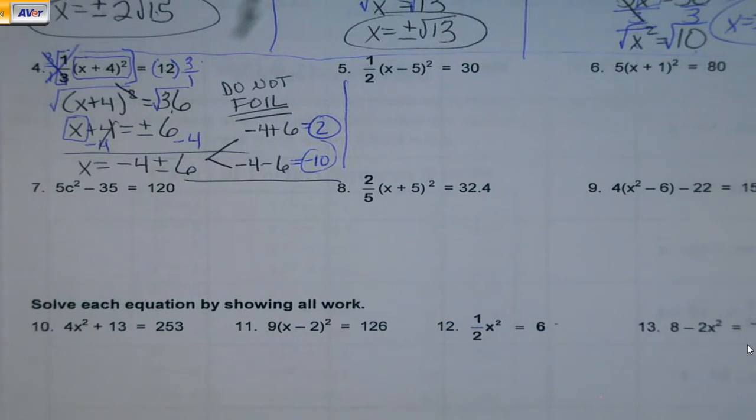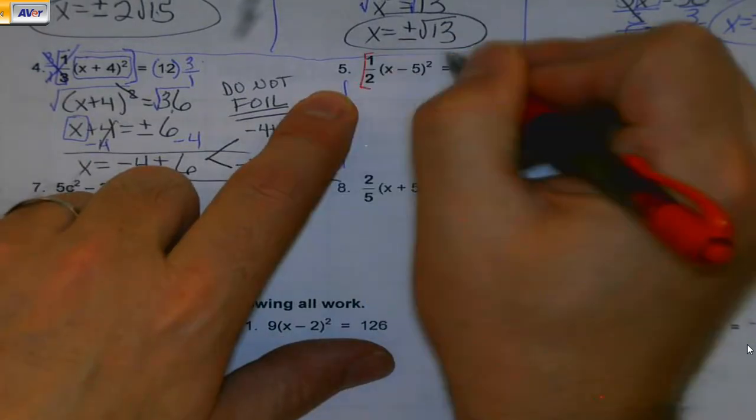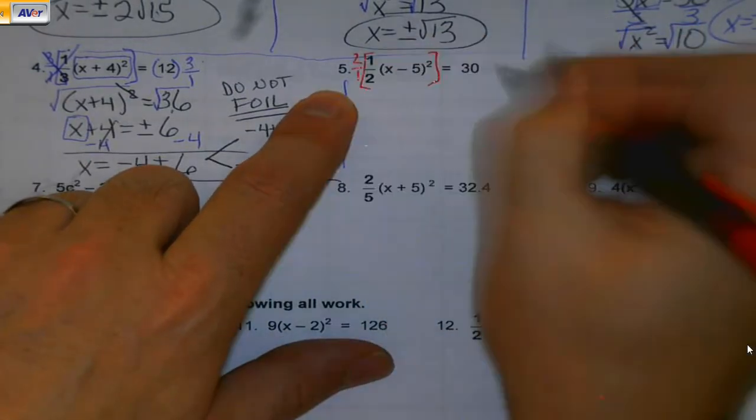Okay. So, when I get to number 5, because we're not going to do number 6 today, so if you need a little extra room, you can do it. Looks the same as number 4 did. You're like, okay, so multiply by that reciprocal. Okay, so we're going to multiply by 2 over 1.